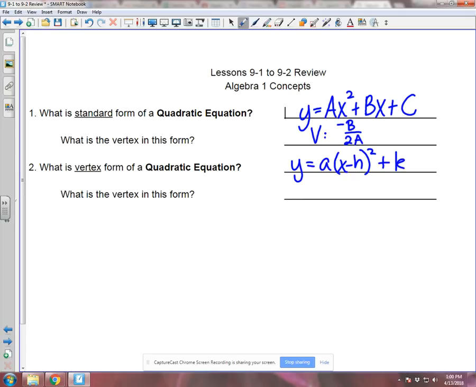There we go. Looks good. And then what is the vertex in this form? Questions for me, folks. We're all good? Okay, so we're going to need this for what we're doing today.